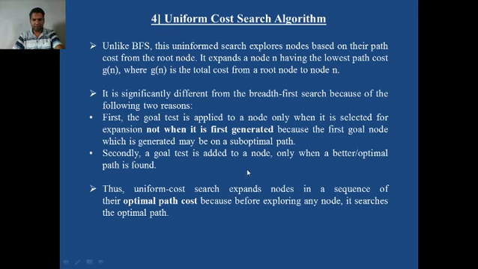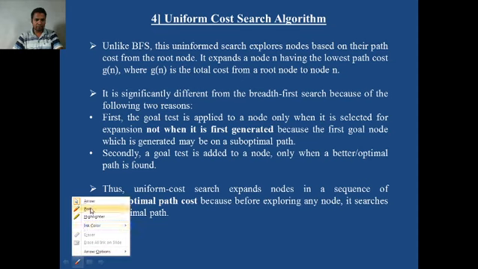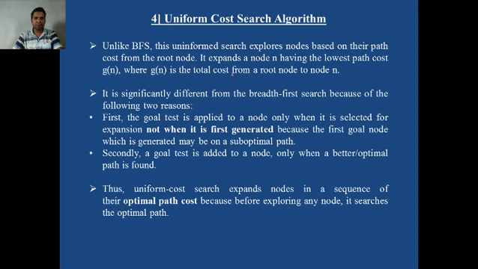In uniform cost search, what you have to remember is that before expanding any node, the algorithm finds out or checks the path cost for each possible route towards the goal node from the root node. For example, this is a start node, initial node or root node, and this is a goal node, and in between, in order to reach the goal node, suppose there are 3 or 4 paths like this.